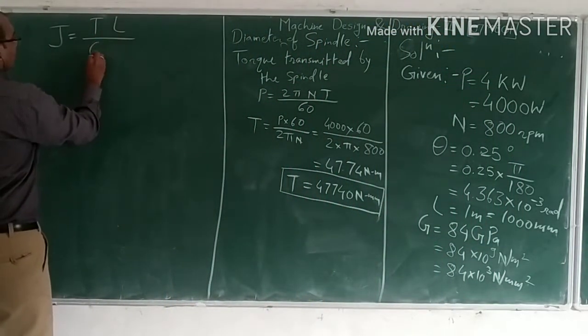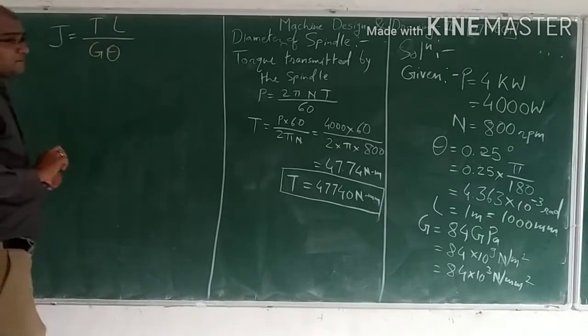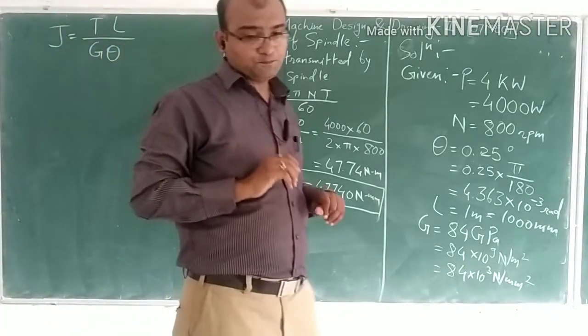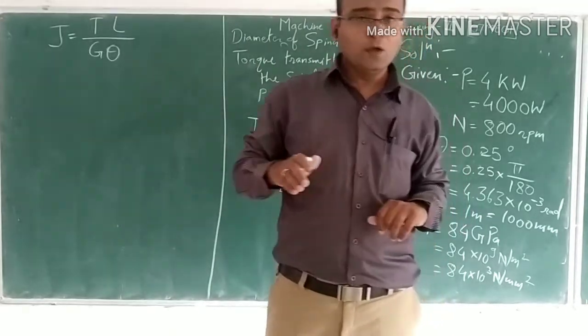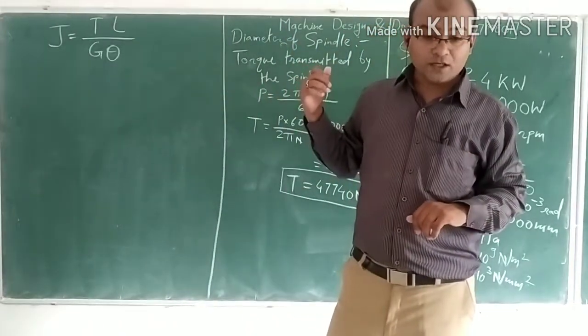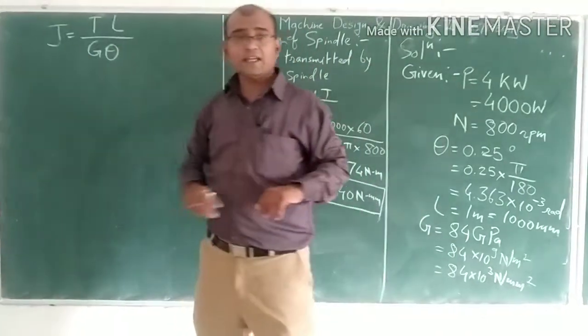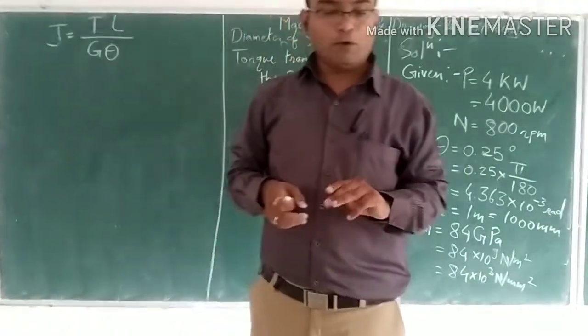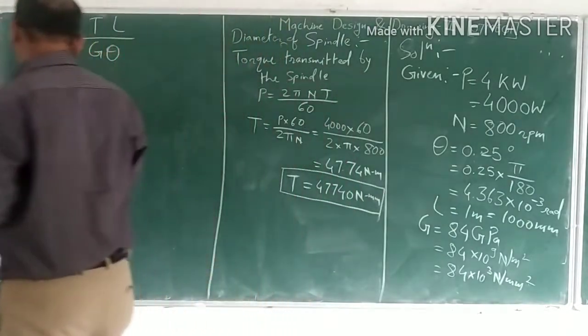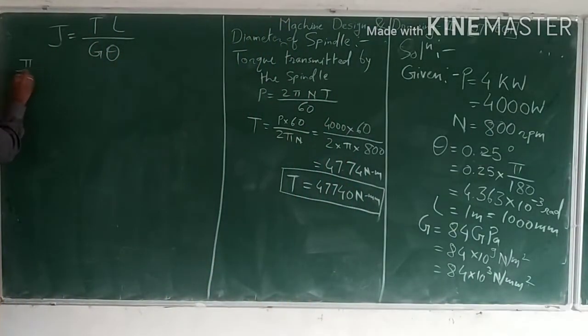For a solid shaft, J equal to pi by 32 into d to the power 4.